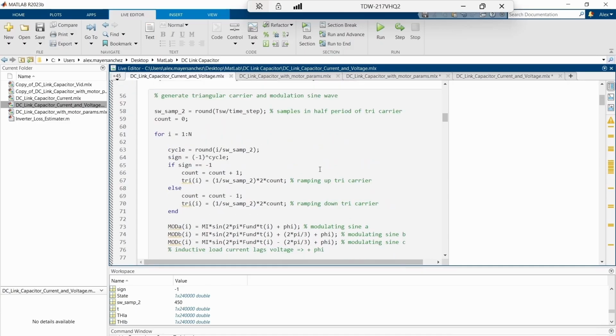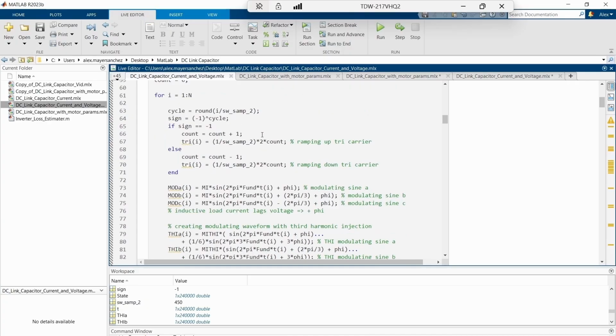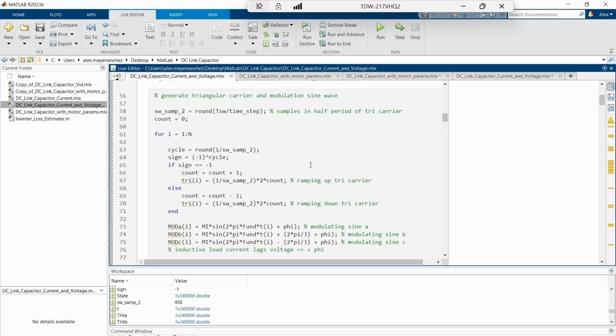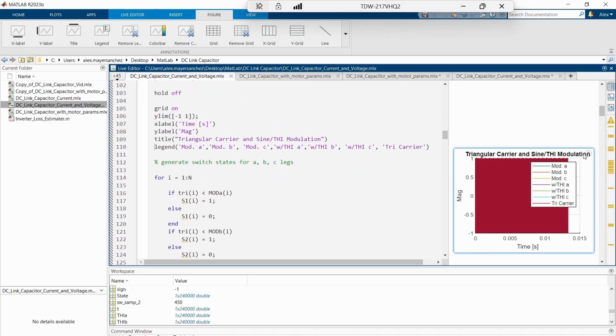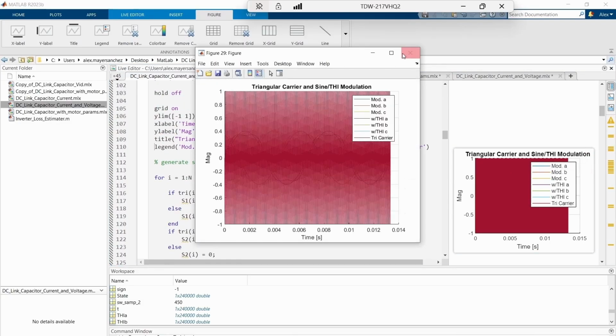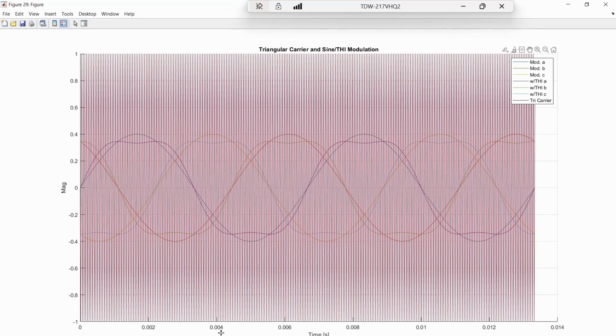So here we have this function that is basically just creating this triangular carrier. So based on the switching frequency, we're going to create a triangular carrier. Let's open it. You can see this is a really hard to see triangle wave right now. Zoom out.